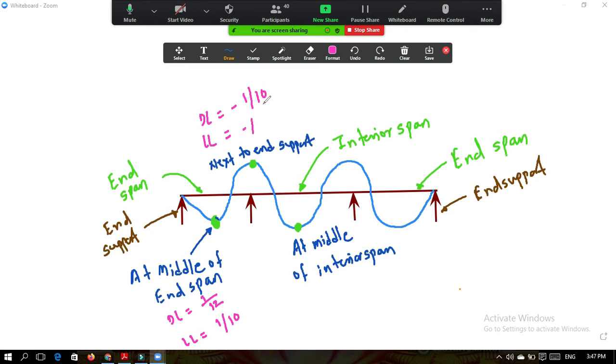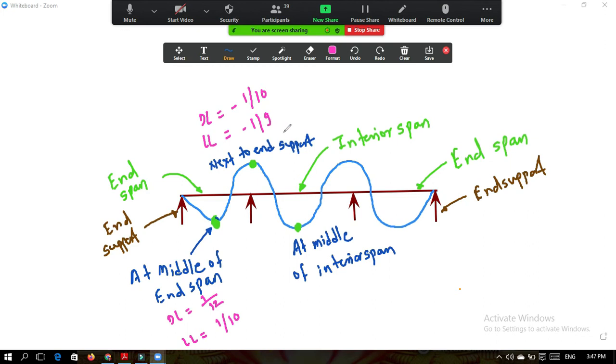I will show you all these values in the IS code also, around page number 37, where you will find them. So dead load minus 1 by 10, live load minus 1 by 9.